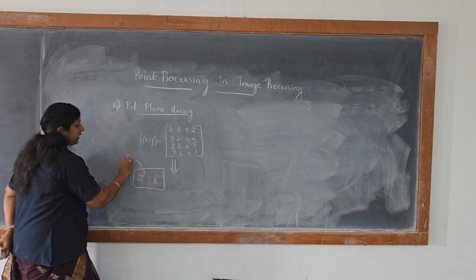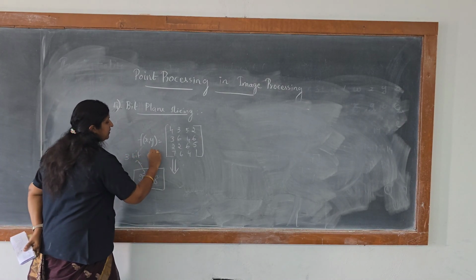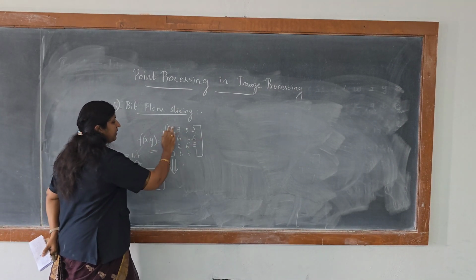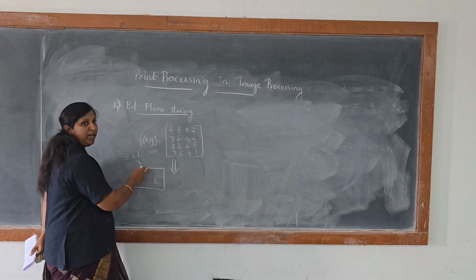So the given matrix is a 3-bit image. Now we can convert the given intensity values into 3-bit binary values.